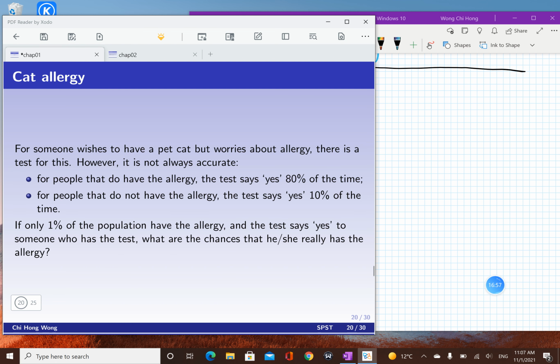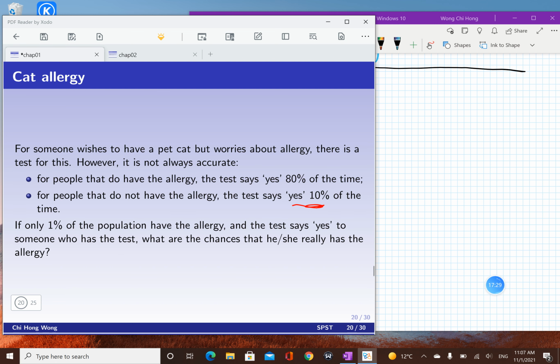It's not accurate, so there might be errors, what we call a false negative. It tells you that you got a negative result when you do have the allergy. And on the other hand, if you don't have the allergy, it is still possible that you will get a positive result. Yes, sometimes.